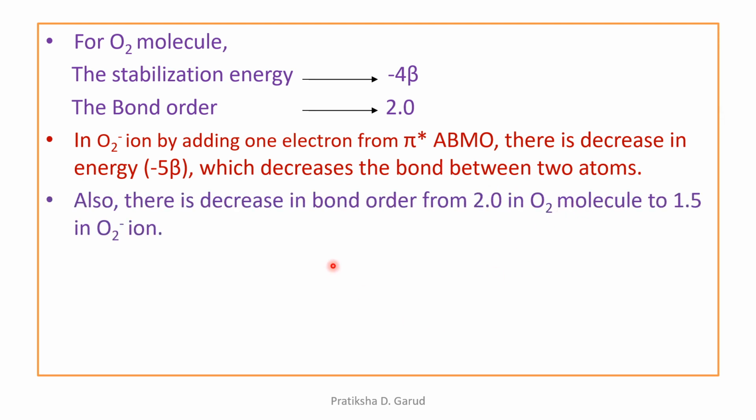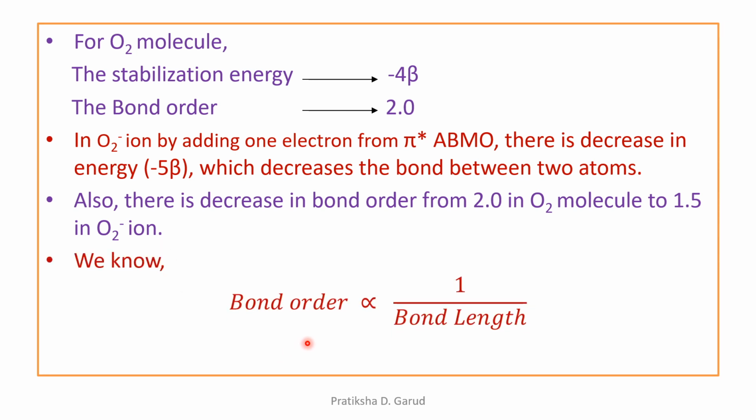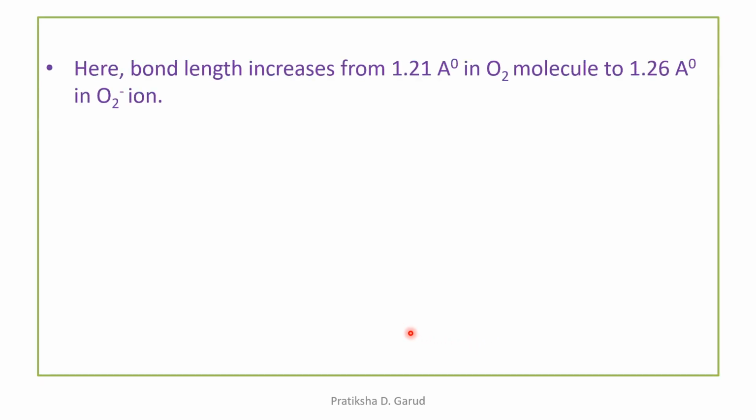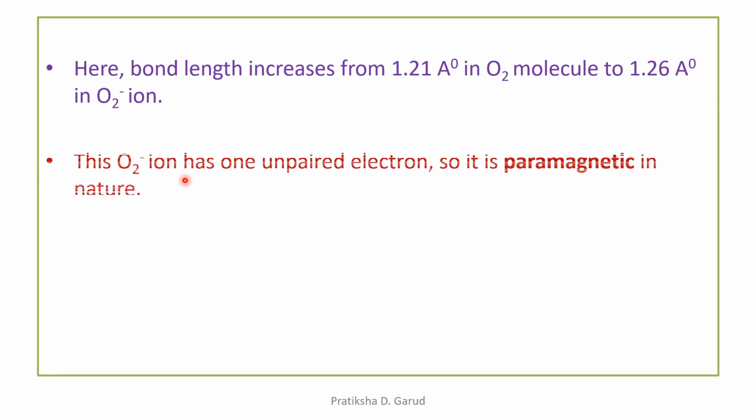Also, there is a decrease in bond order from 2.0 in the oxygen molecule to 1.5 in the O2 minus ion. We also know that bond order is inversely proportional to bond length. Hence, the bond length increases from 1.21 Angstrom in the oxygen molecule to 1.26 Angstrom in the O2 minus ion.